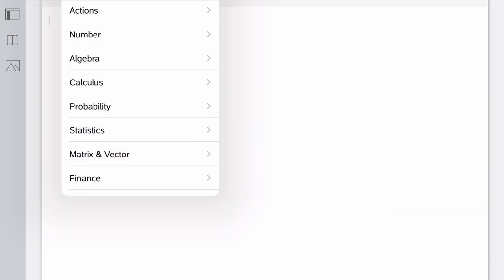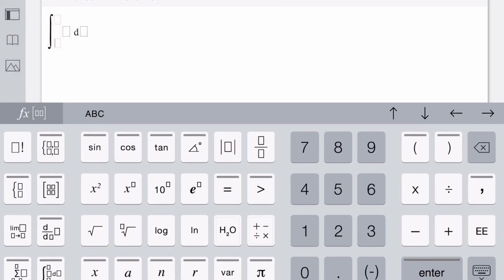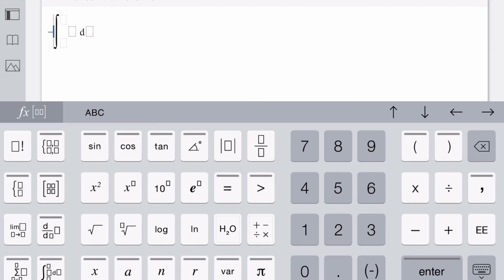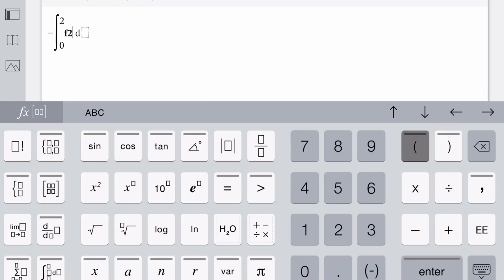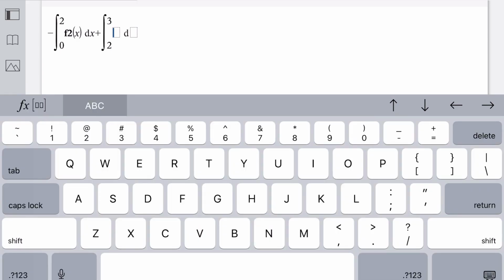Then I'm going to go ahead and calculus integral. Now the first one was negative, and that was between 0 and 2 of f2 of x. And then for the next one, it was plus integral between 2 and 3 of f2 of x.